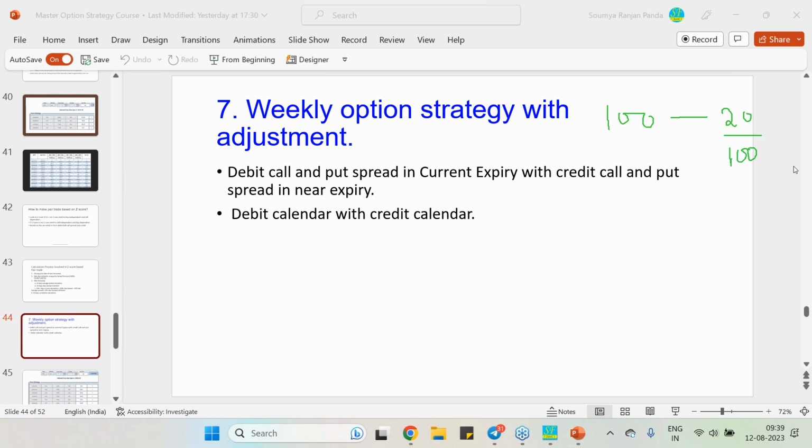That change in the premium divided by the change in volatility is called your Vega. So these are the ways we can calculate the delta, theta, and Vega.